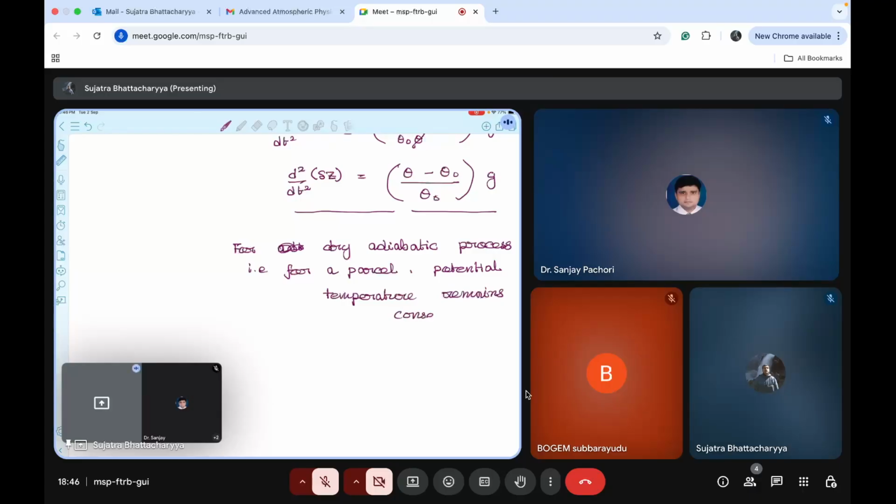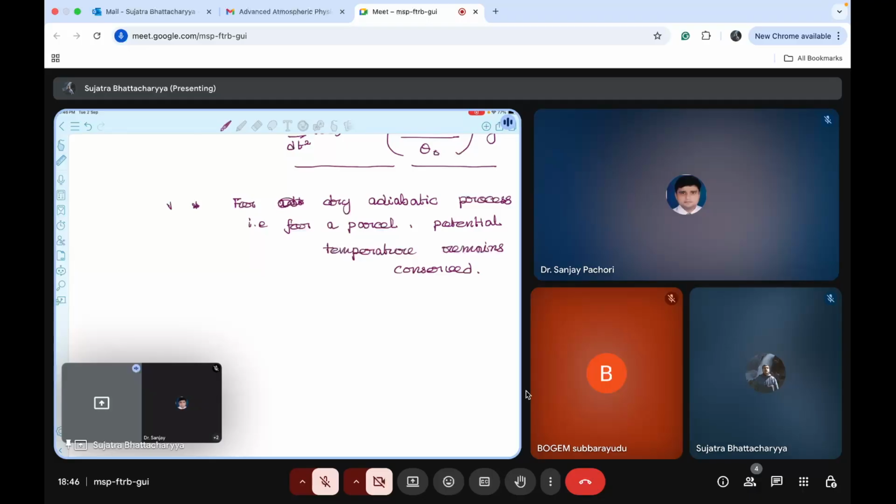This is coming from basic thermodynamics. So this is important: for a dry adiabatic process, for a parcel, potential temperature remains conserved.